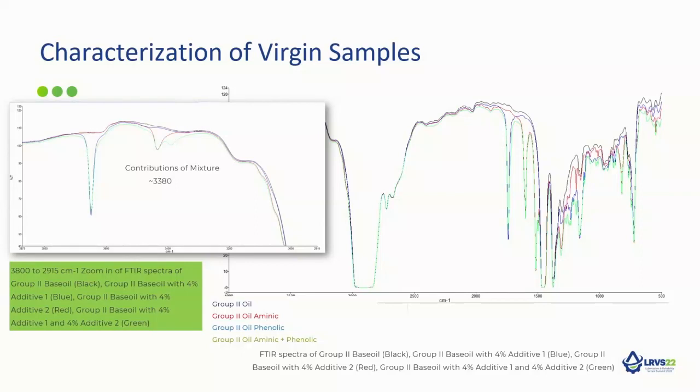So now that we've opened Pandora's box by observing the 4% additive contributions, we now have to ask ourselves, will we see the same information and the same peaks observed when observing the 2% of each additive added in group 2 base oil?